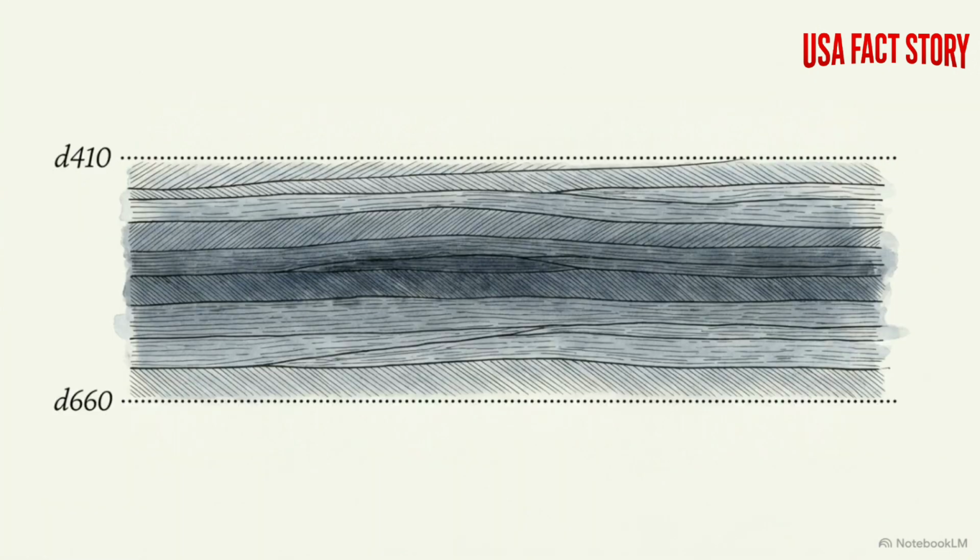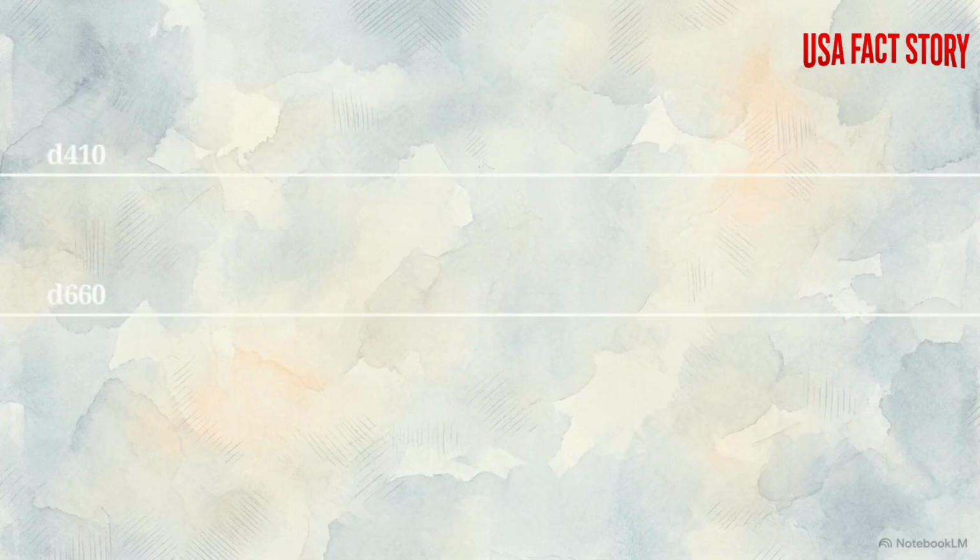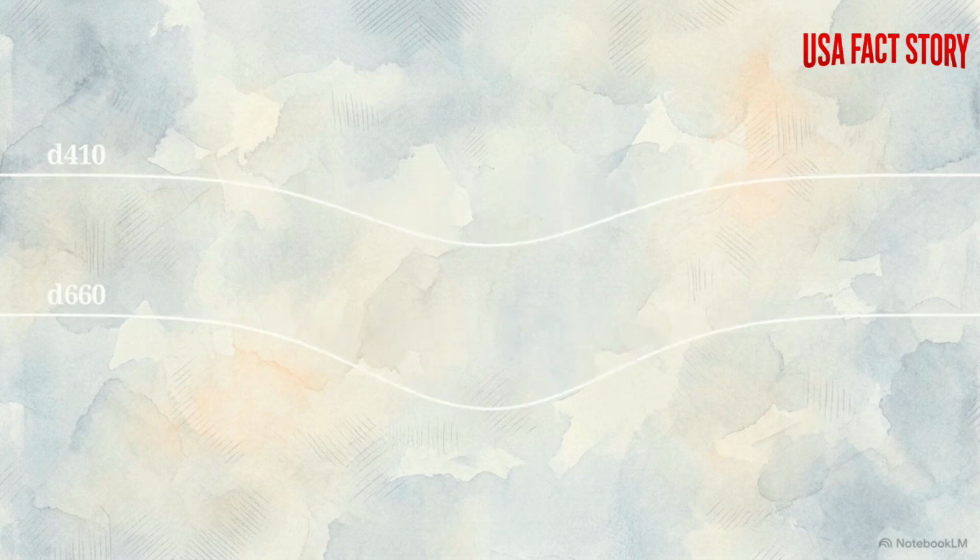To find the source of this heat, we look deeper into the mantle transition zone, specifically the D410 and D660 phase boundaries. Because this zone sits hundreds of kilometers deep, researchers mapped it using P to S radial receiver functions from teleseismic earthquakes. The mapping reveals an 800-kilometer-wide physical depression in both the D410 and D660 boundaries at the geoid center.